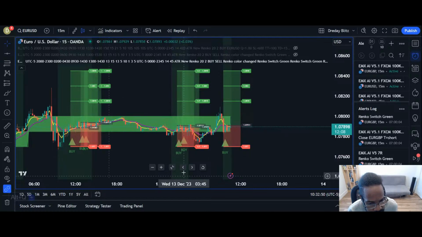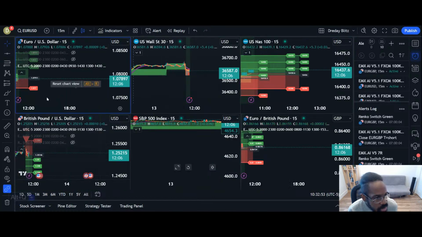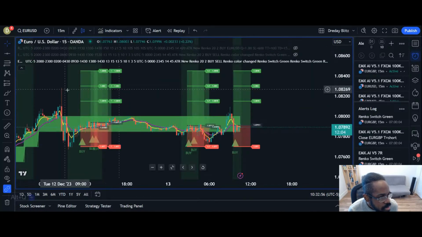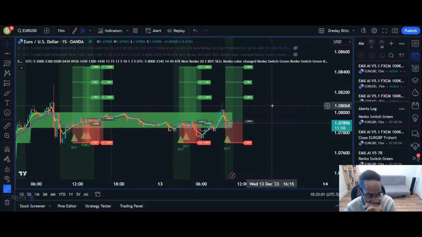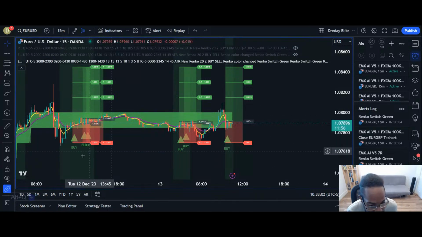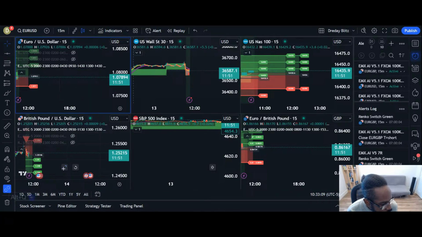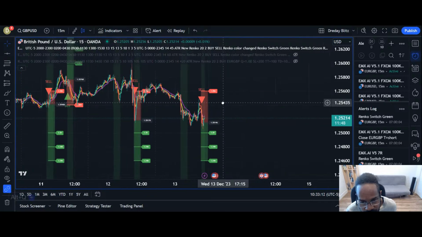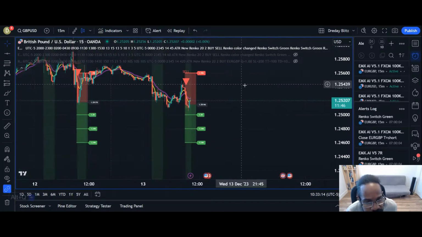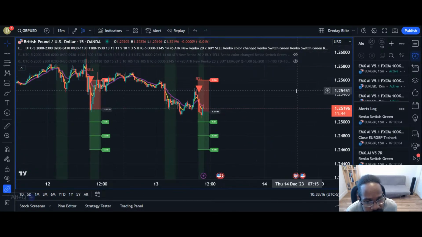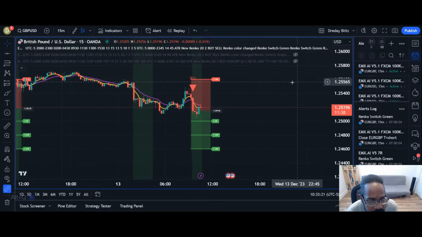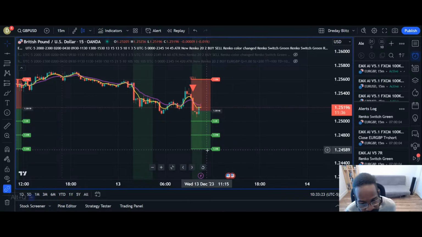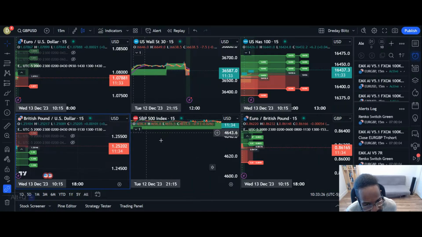Okay, so let's go back and see what's going on in the market. So Euro is still looking bullish here based off the Renkos. GU is looking bearish.